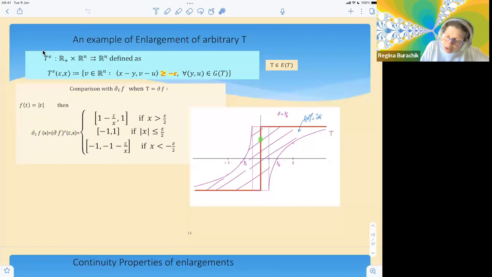So if you take a point here, you can always approach via points in the graph of the enlargement, but not via points in the graph of the original T. So this is why using a method that uses the epsilon subdifferential instead of the subdifferential itself gives you a better way of approximating every point in the graph. Here I should have said that T_E, not T, is an enlargement of T.